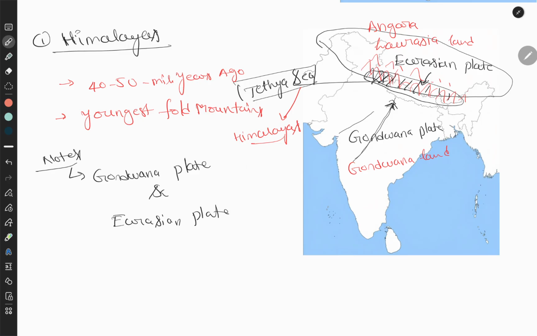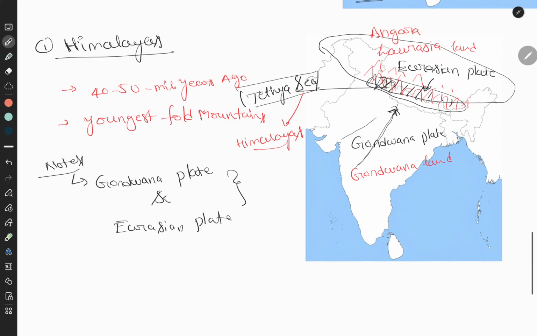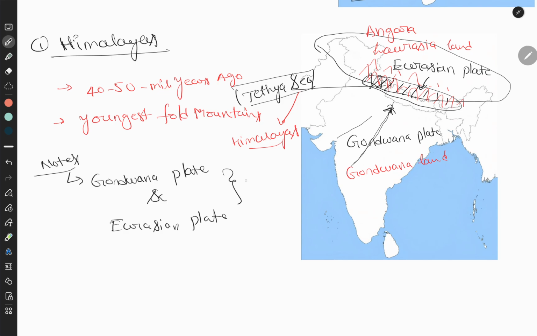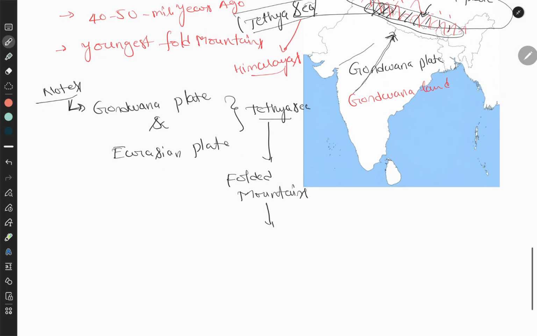These two plates converged together, and in between there was a sea. Because of this movement, the sea became folded mountains. These folded mountains nowadays we call the Himalayas. So, you understood.